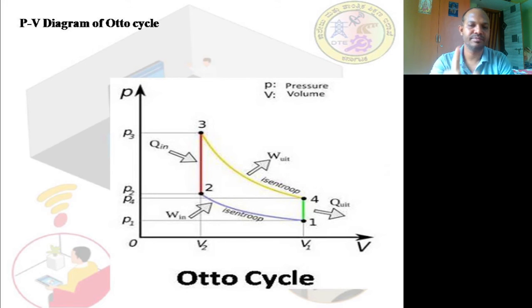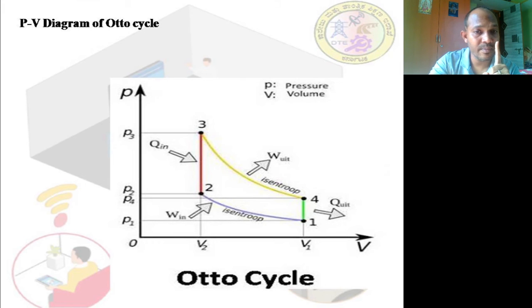Is it clear? Now, what happens to the volume? See, when I take the volume inside in suction, it is V1, and the volume is more. When I compress it, the volume is V2. Please be careful here. During the working stroke, the inlet and outlet valves are closed.